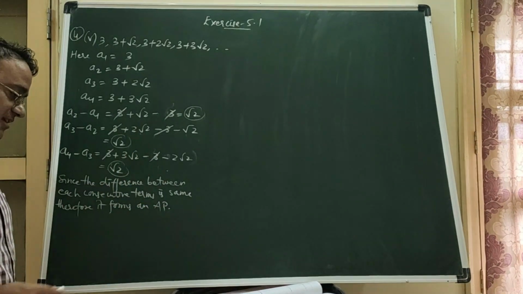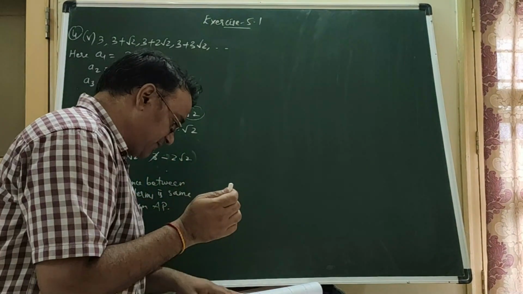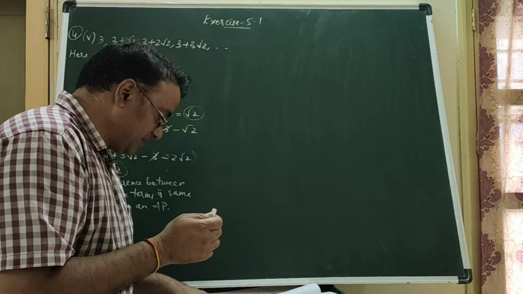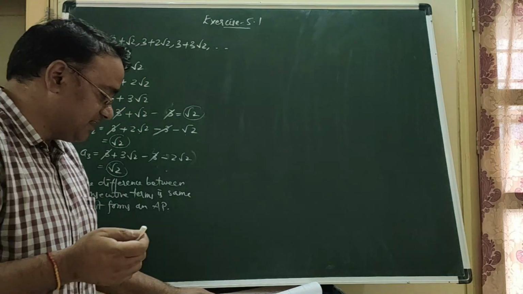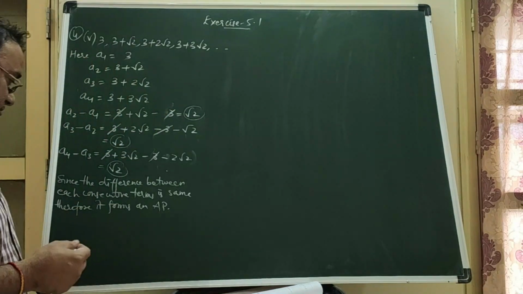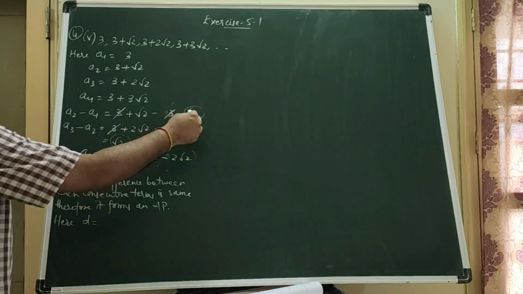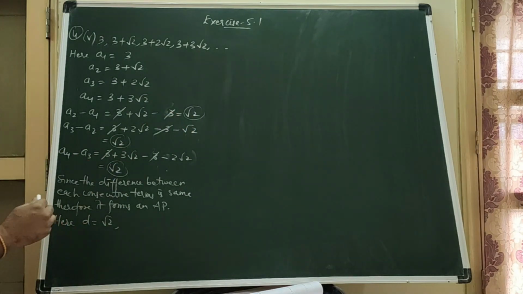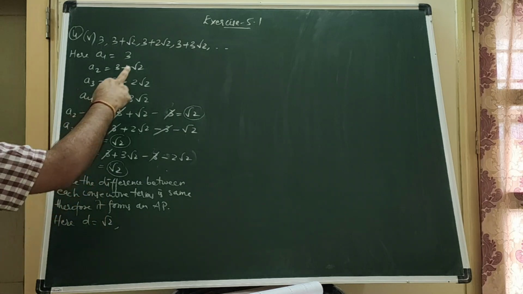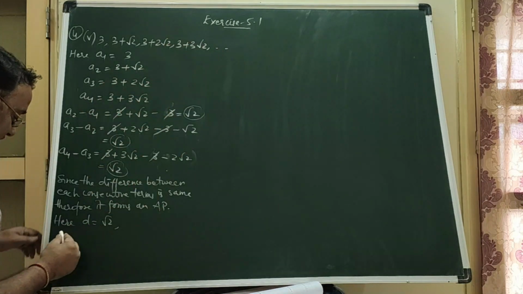Now in the question it is written that if it forms an AP, then find the common difference and write 3 more terms. So here the common difference is root 2, and 3 more terms means we have to find the 5th term, 6th term and 7th term.